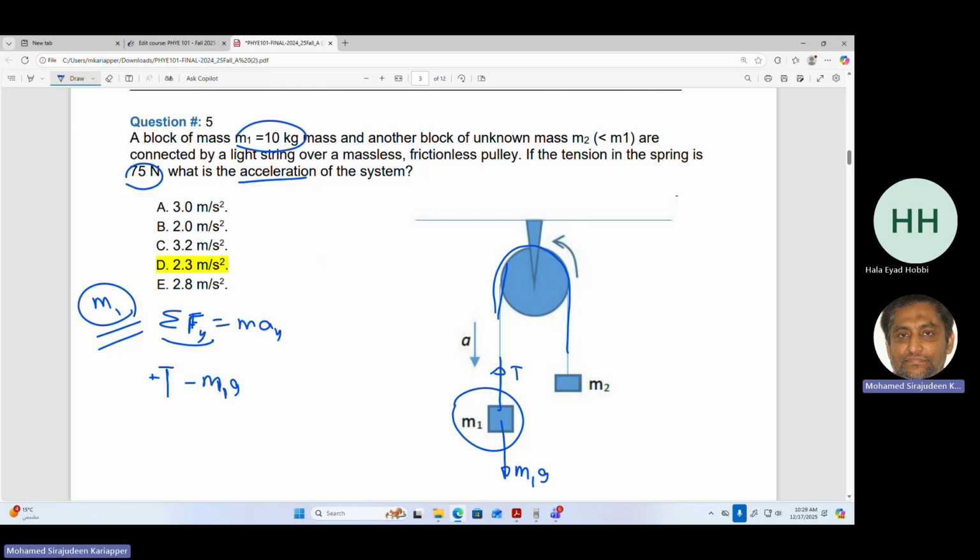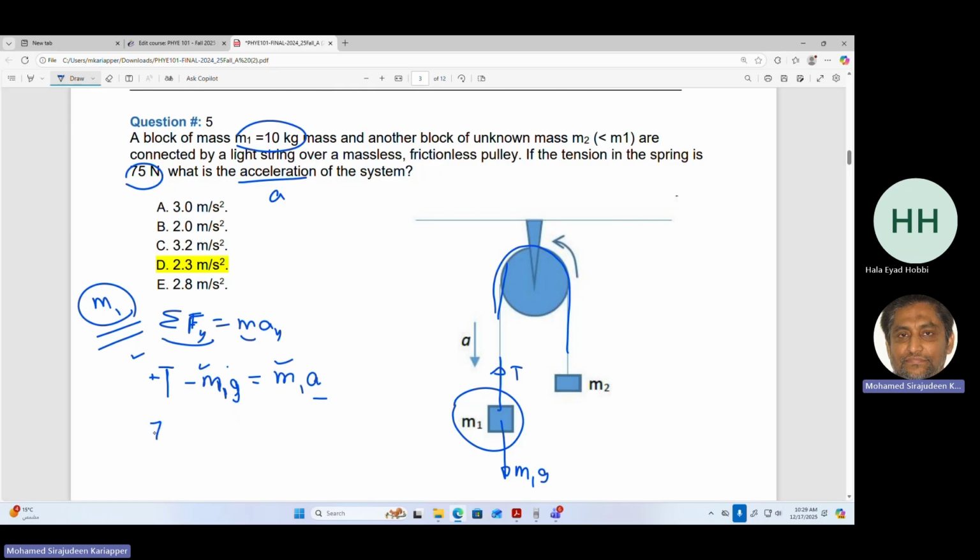So the left-hand side is equal to m, which will be m1, times acceleration, which is the unknown. We are asked to find the acceleration. Tension is given, mass 1 is given, g we know is 9.8, m1 is again given. The only unknown in this equation is a. So all you have to do is substitute.